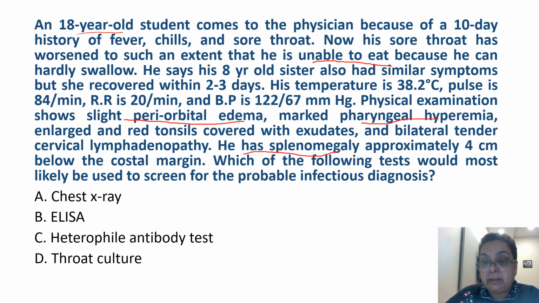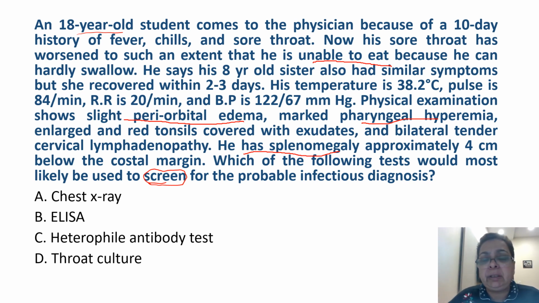Which of the following tests would most likely be used to screen for the probable infectious diagnosis? So here, please note the question is screening test for probable infectious diagnosis. Options: X-ray chest, ELISA, heterophile antibody test, and throat culture.